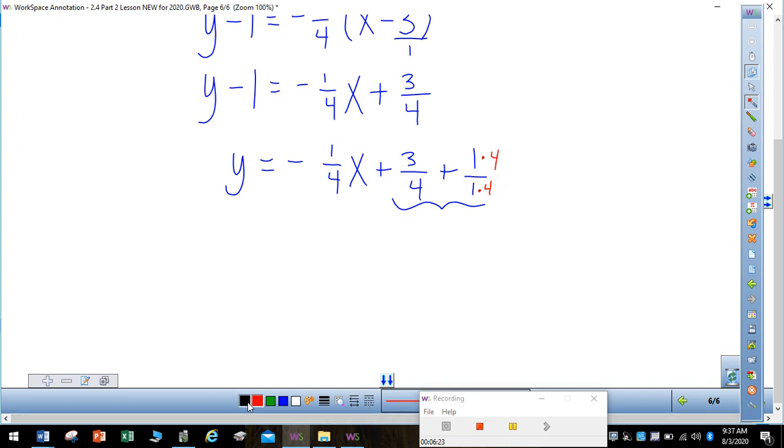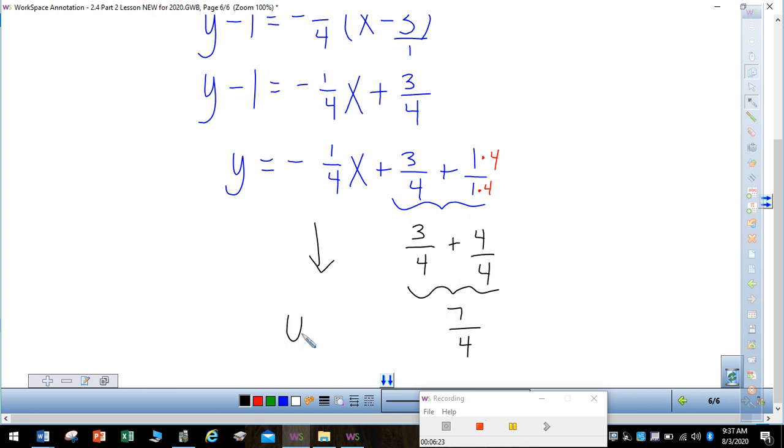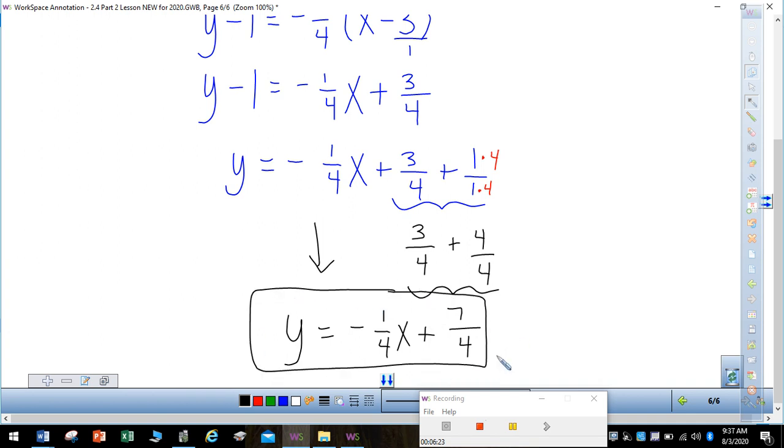So it's actually the same thing as 4 over 4. So 3/4 plus 4/4, we're going to add across the numerator to get 7 and keep our denominator the same. Let's go ahead and bring the rest of this down. So we have y equals negative 1/4 x plus 7/4, and that is our final answer in slope-intercept form.